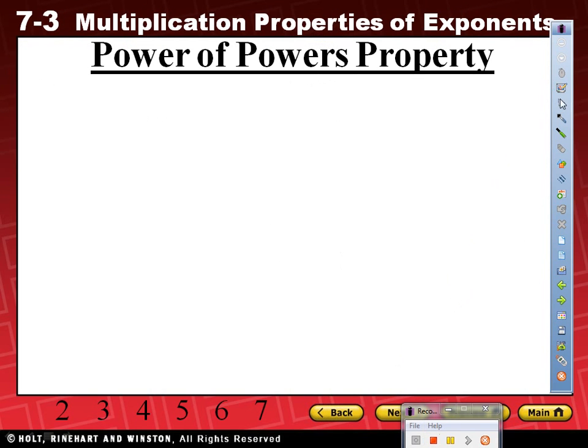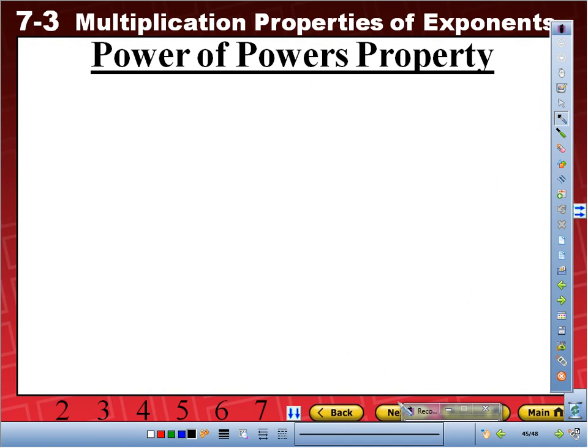power of powers property. Power of powers property. And we're going to write example SQ. Super Q, get it? Because of the powers. Power of powers, that's right.